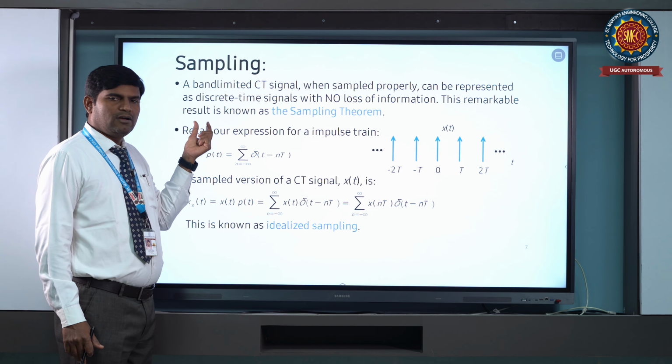It represents the impulses of x of t at regular intervals of capital T, indicating the sampling time interval. This is known as ideal sampling, where we are using impulses. The existence of an impulse is an ideal case, that's why it is called idealized sampling.